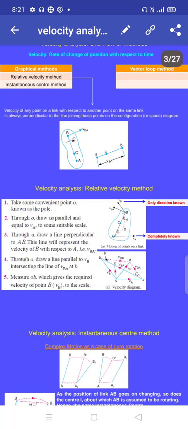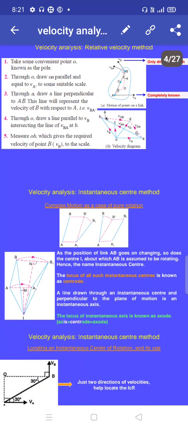Through O, draw a line parallel to VB intersecting the line of VBA at B. Measure OB, which gives the required velocity of point B to the scale. So this is the velocity analysis with the relative velocity method.